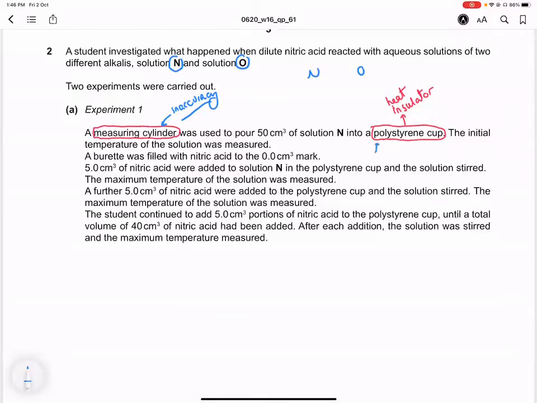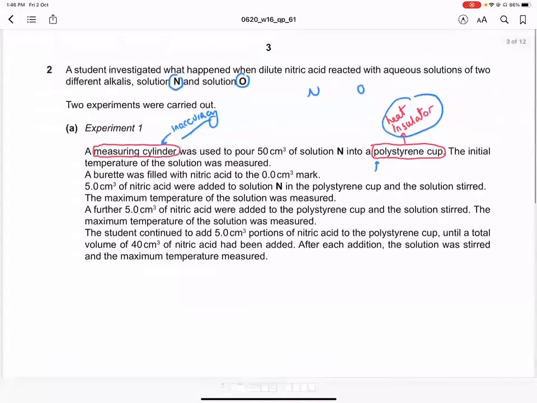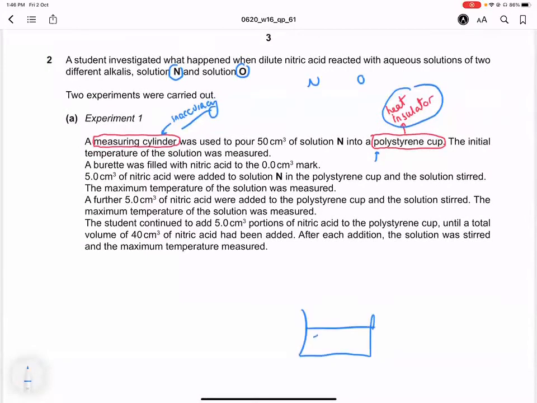Second, he uses a polystyrene cup. We need to know carefully what is polystyrene. Polystyrene is a substance that's a very good heat insulator. It minimizes heat loss to the surrounding. Okay, this experiment, I suppose you've read it. Using a measuring cylinder, he added 50 centimeter cube of solution N, which is the first alkali, and then he recorded the initial temperature.